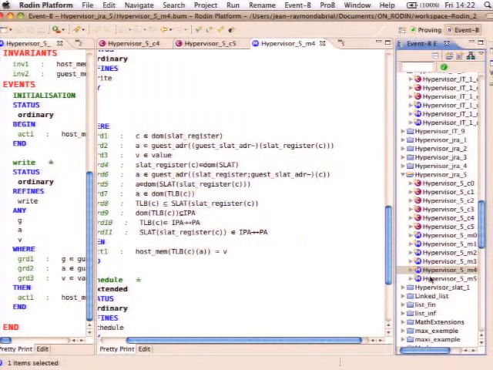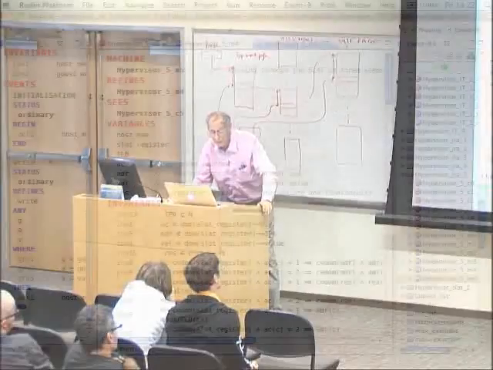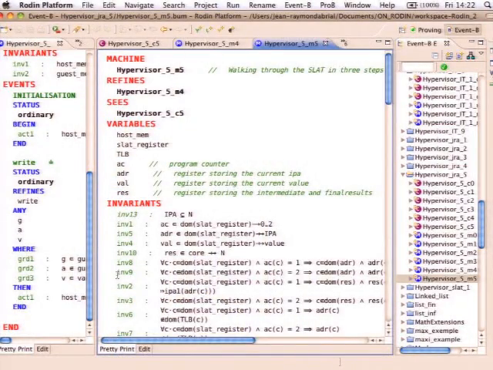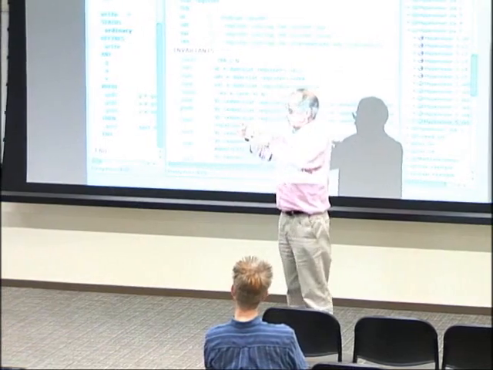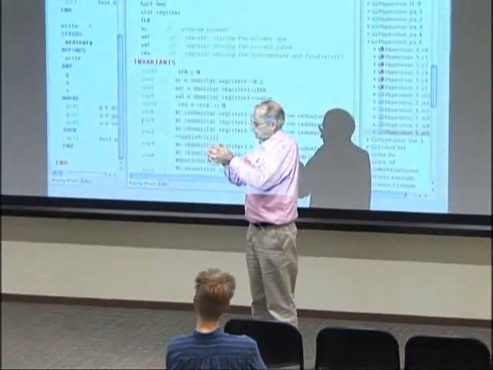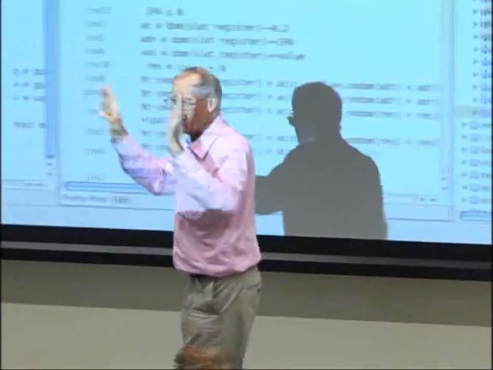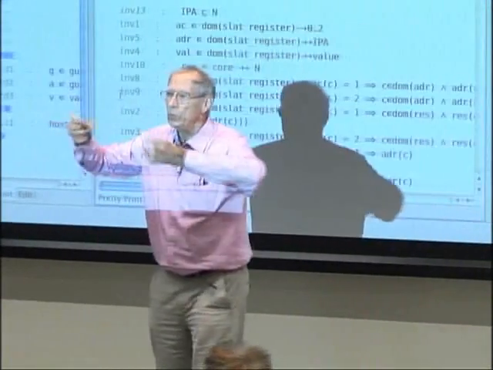And now we go into Hypervisor, the last one. And the last one defines that we are going now to split the event. This is very classical in Event-B refinement. We have an event which is something that is doing things in no time, and now we are cutting it into pieces.